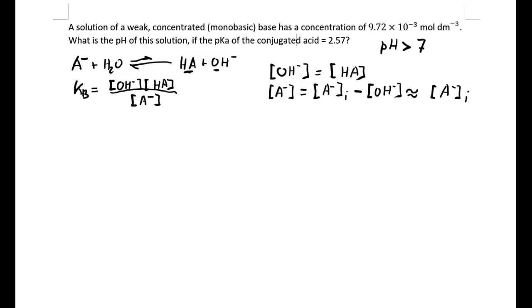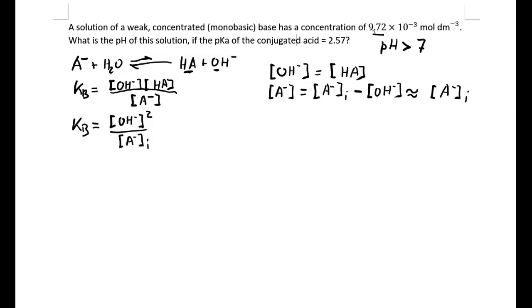Now with that we can write our equilibrium. We can write this as OH minus squared divided by the initial concentration of the base, and that would be this concentration here.